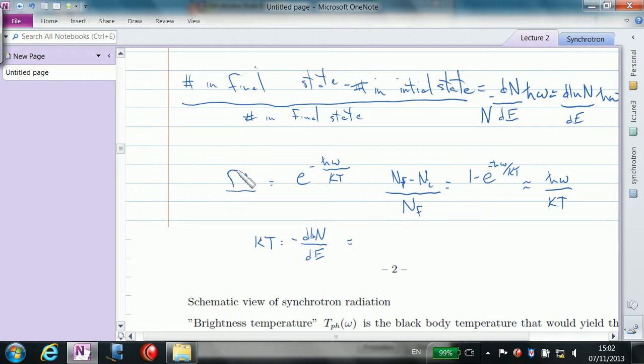So I should really call this f of E initial over f of E final. And this is f final minus f initial over f final.